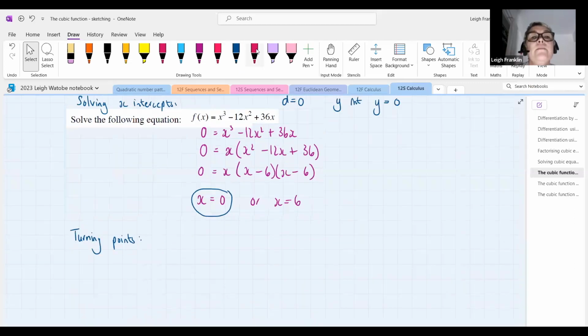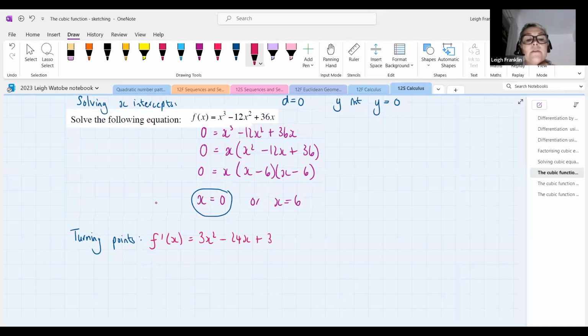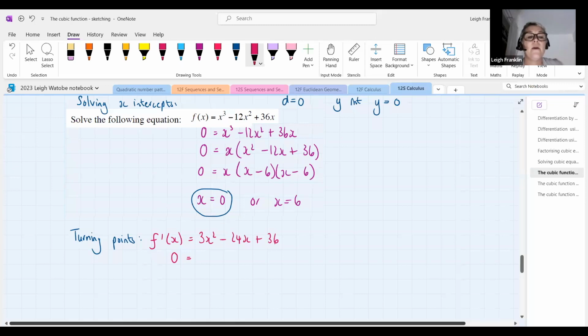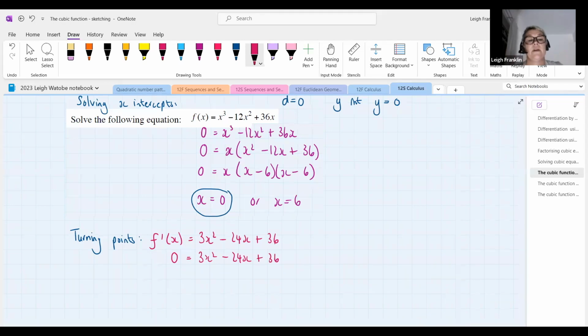There's our equation. So f prime x, using our power rule, we would end up with 3x squared minus 24x plus 36. We have to show that the gradient at the turning points is 0, so you must write that 0 over there. So we'd end up with 3x squared minus 24x plus 36 equals 0.